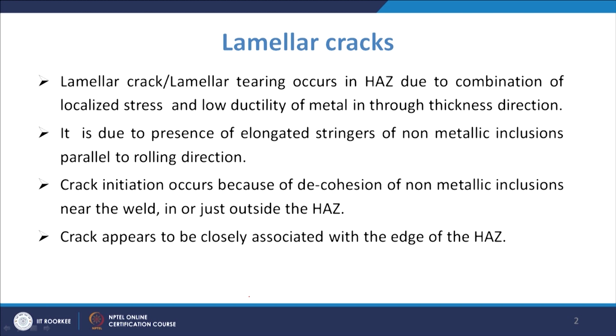Normally you have MnS, that is manganese sulphide, or you may have oxide silicate type inclusions. Because of the presence of these materials you will have decohesion. The crack initiation basically occurs because of the decohesion of these non-metallic inclusions near the weld or just outside the HAZ.